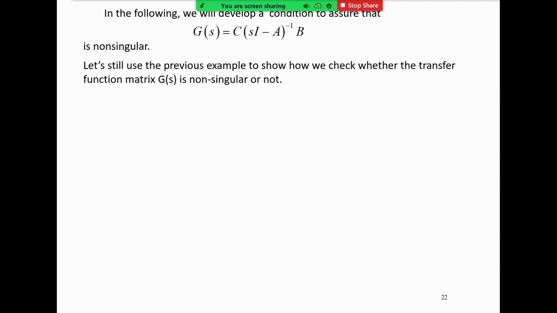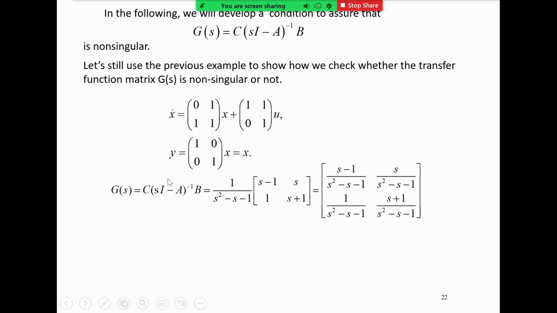Let's still use the previous example to show how we can check whether the transfer function is non-singular or not. This is the example we have already examined, and we already got the transfer function. How do we check whether a square matrix is non-singular or not?